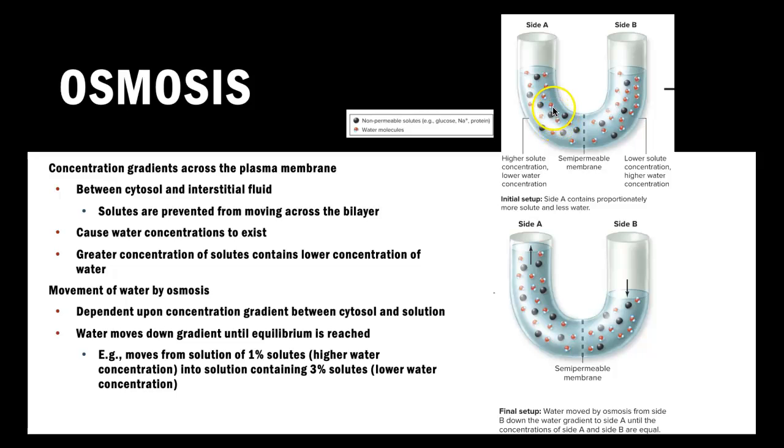The red and blue spots here, these are representing our water molecules. So we see that it's pretty even as far as the water distribution here, but we know that we have more solutes here on side A. Therefore, water is attracted to those solutes and is going to move through that semi-permeable membrane, and we end up with more water on side A.